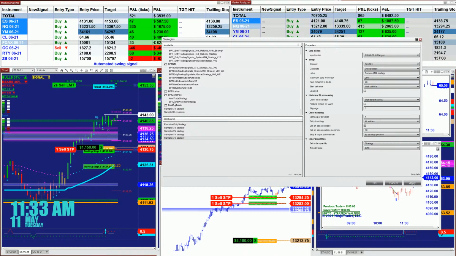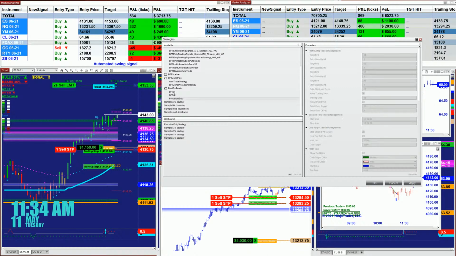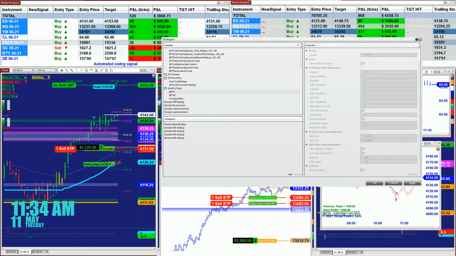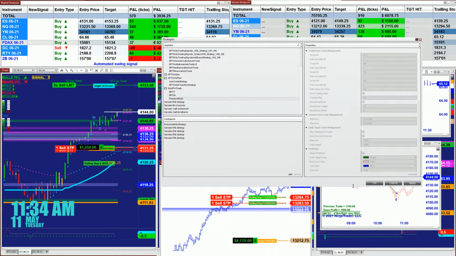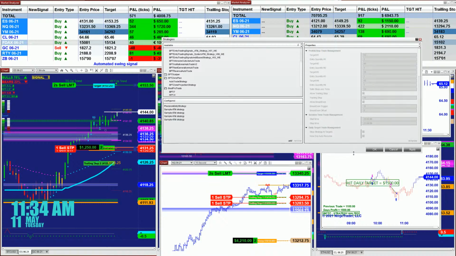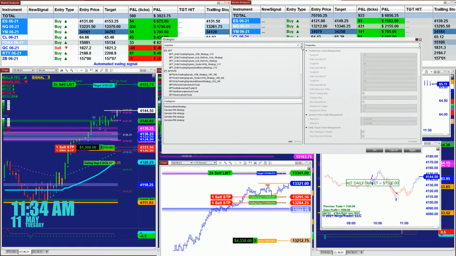We have 2 on the zone, the TI7 and the V8 for NinjaTrader, and now we have the Precision Auto Trade. The Precision Auto Trade is a very clever one. Now I'm lost. How many do we have?